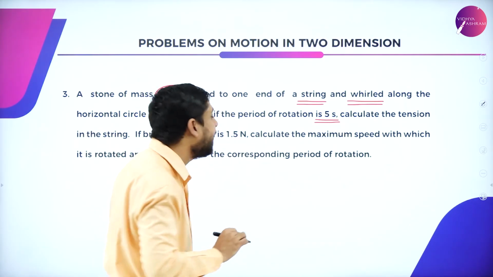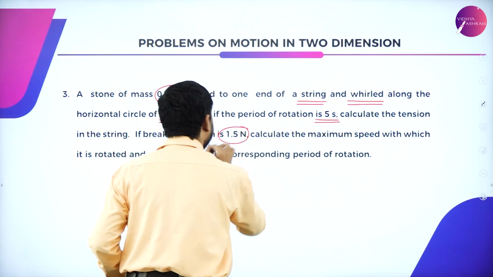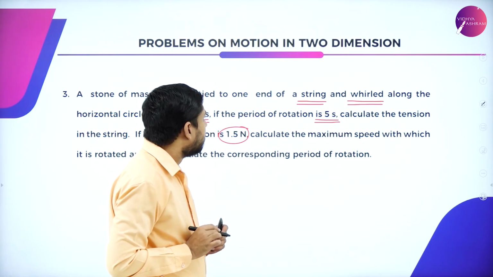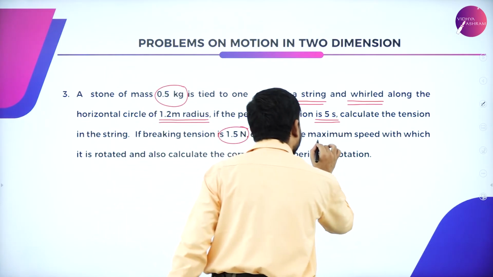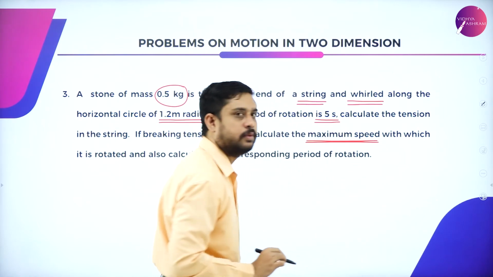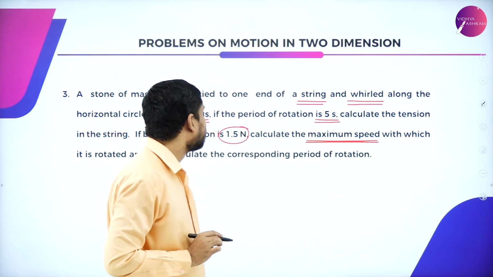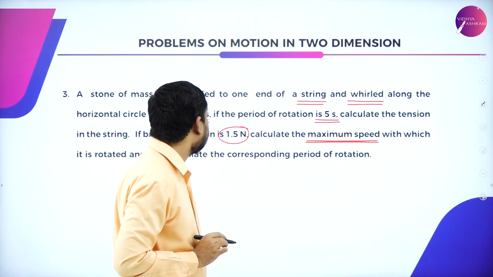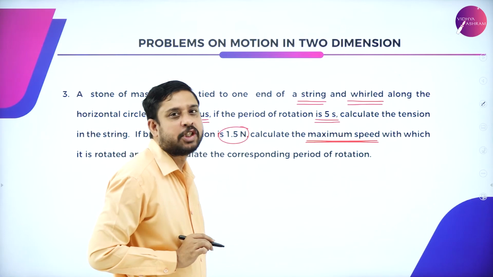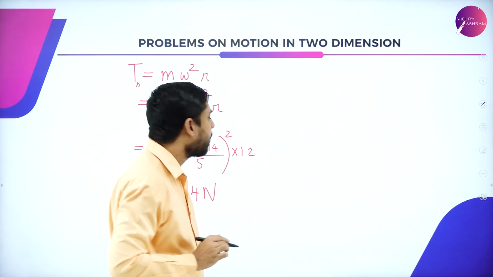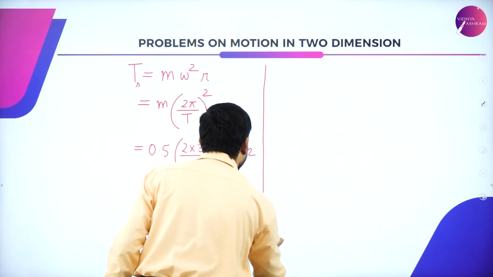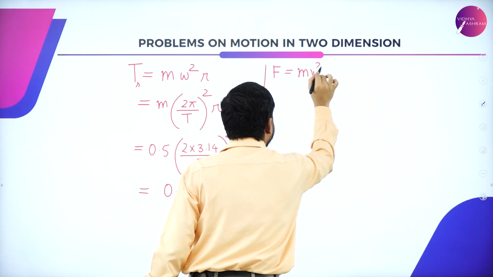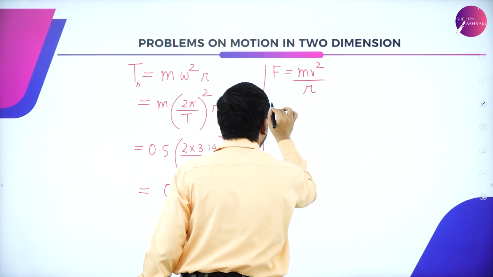Now he says, if the breaking tension is 1.5 Newton, calculate the maximum speed with which the string is rotated and the time period corresponding to this rotation. So we know, again, F equals m v square by r.